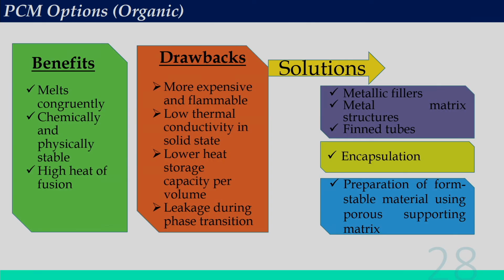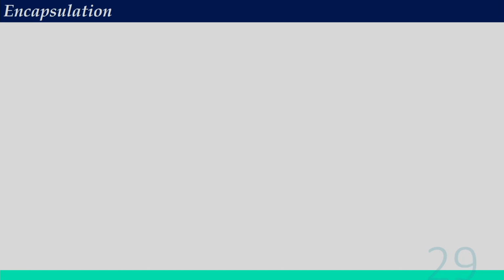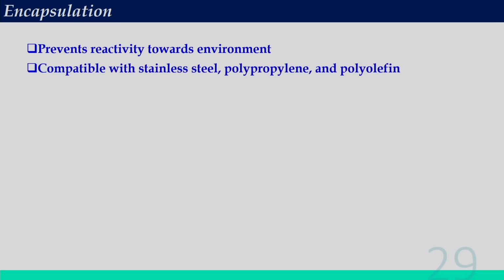So, these are the solutions for using organic PCM. Encapsulation is done to prevent reactivity towards the environment, it is compatible with stainless steel, polypropylene and polyolefin, and it controls volume when phase change occurs, which is very important.